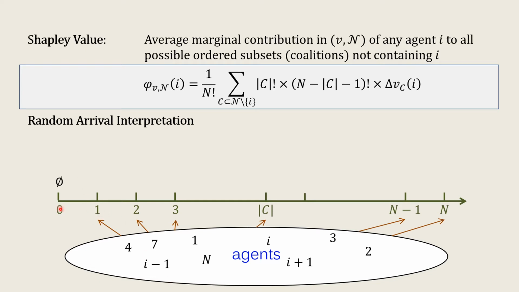Now, at time instance 0, we begin with the null coalition. And at every time instance, a new agent is drawn from this agent pool at random and removed from the agent pool and then allowed to join the coalition.